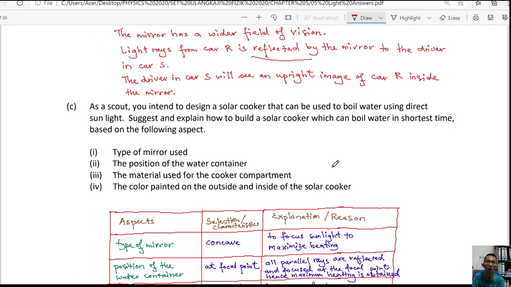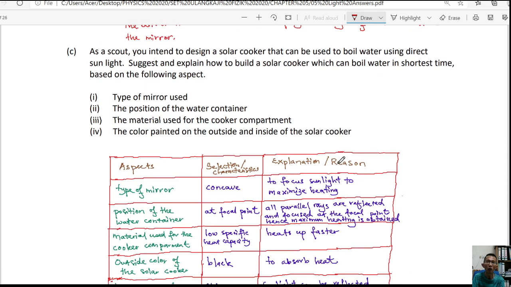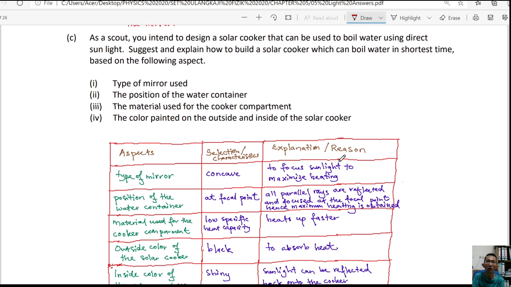As a scout, you intend to design a solar cooker that can be used to boil water using direct sunlight. Suggest and explain how to build a solar cooker which can boil water in the shortest time based on the following aspects. So you are lucky here, you are given the aspects to be examined. But first look at the objective. What is the objective of our design?